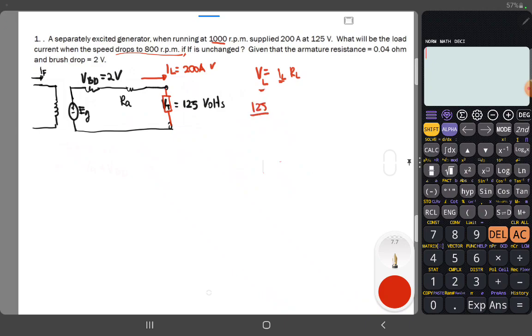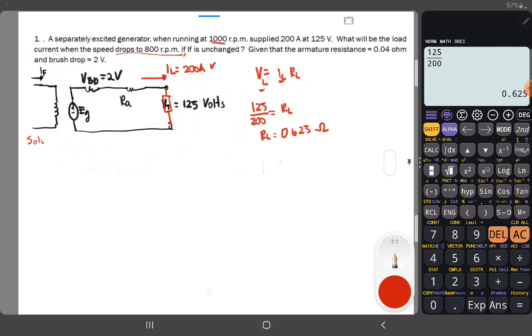So therefore we'll have 125 divided by 200 is equal to our RL. So our R load will be equal to 125 divided by 200. This is equal to 0.625 ohms.